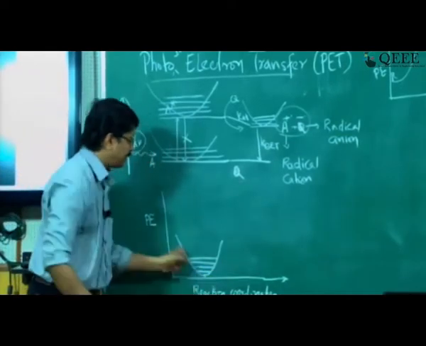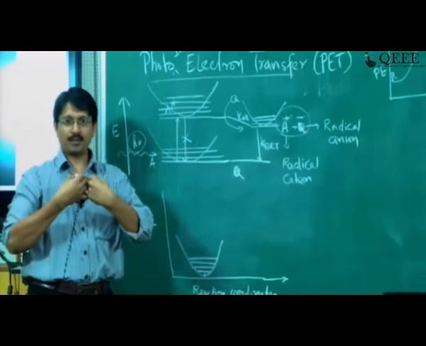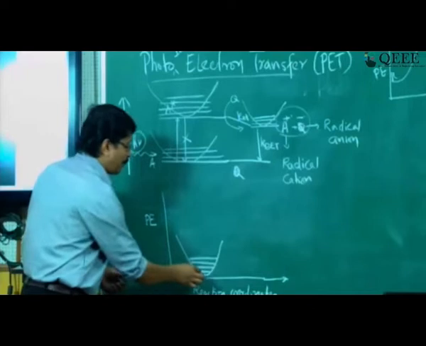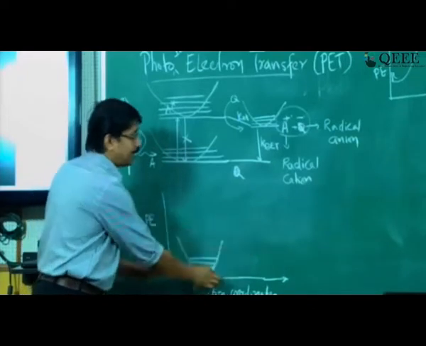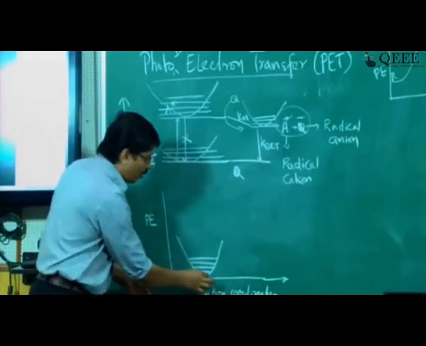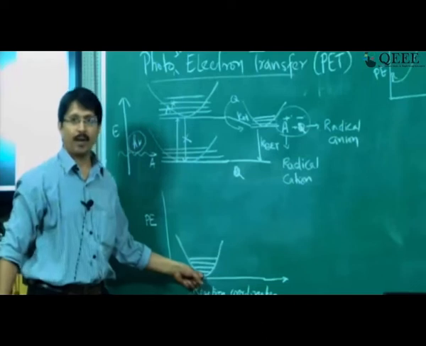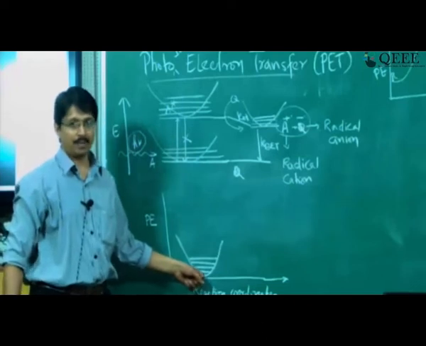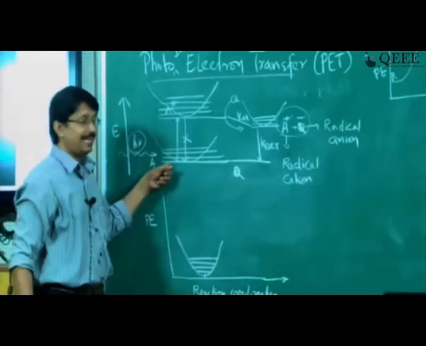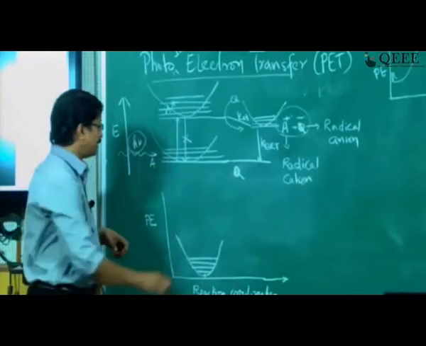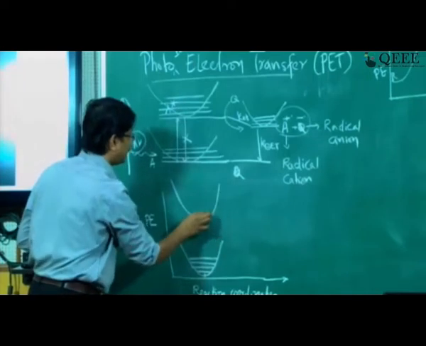At some point the energy is very low and it forms a chemical bond, and if you push further, repulsion happens, so the potential energy increases. On either side it is not favorable. At the bottom of this parabola, the chemical bond is formed. So this particular curve represents this state. Similarly, I can represent the state above, the excited state.